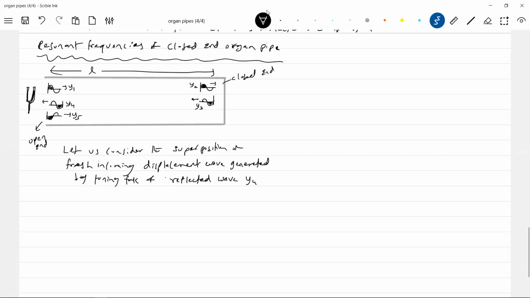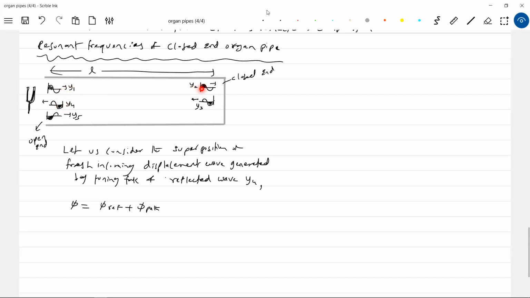Superposition of these two gives a standing wave. Then what is the overall phase difference? Let's go for the phase difference: phase difference due to reflection and phase difference due to path. Compared to the fresh incoming wave, how much extra path length will this cover?